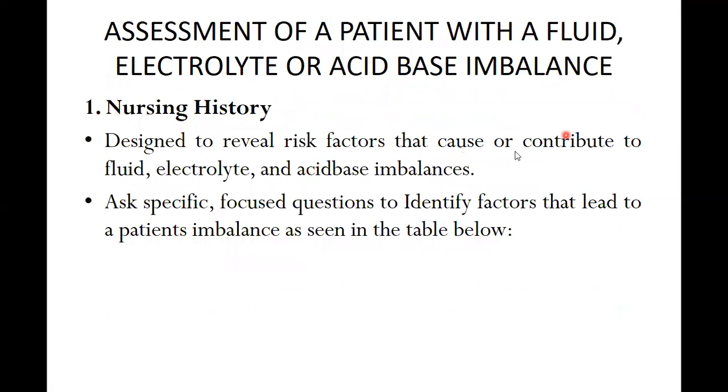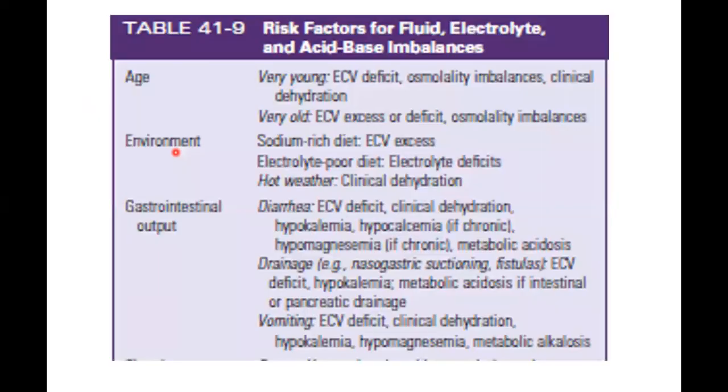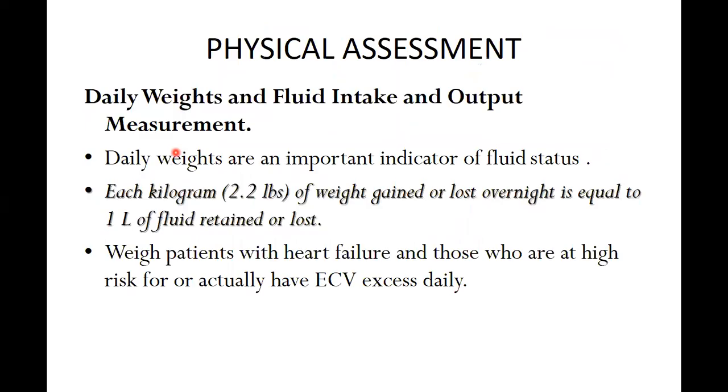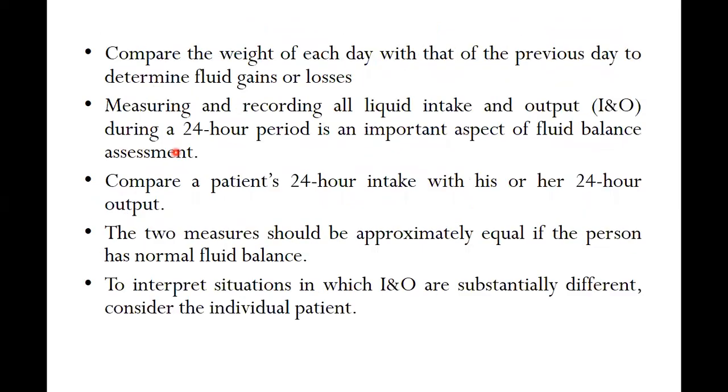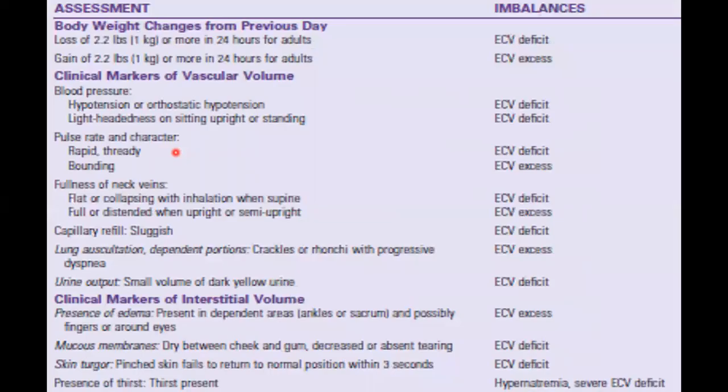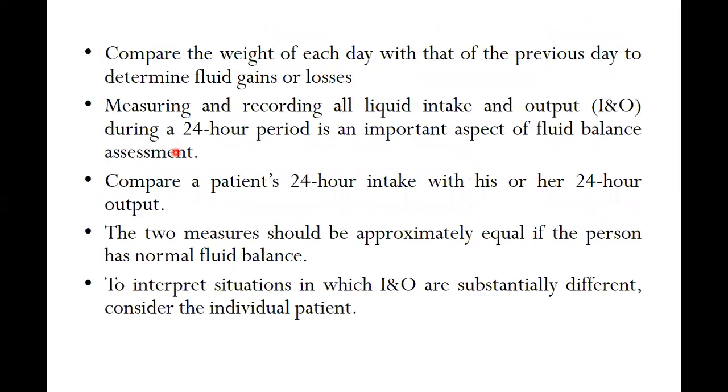And let us now talk about assessment of a patient with a fluid or electrolyte or acid-base imbalance. Very briefly, you can take time to just run through the kind of nursing history that you're going to collect. I think I'll be able to just give highlights on what you could focus on.